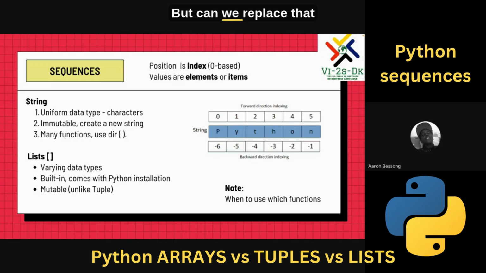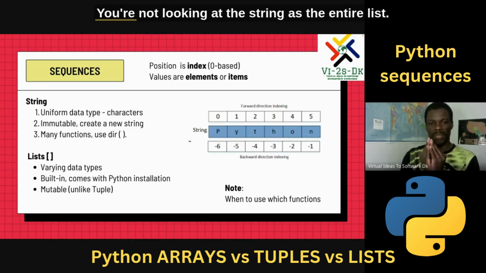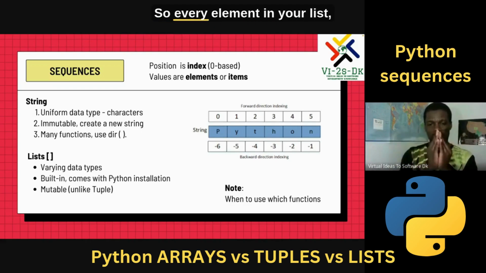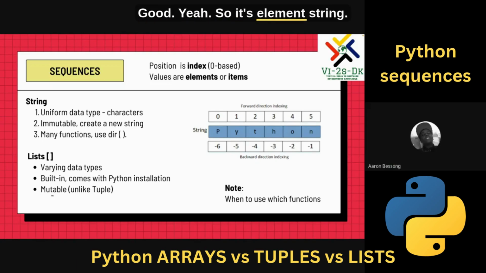But can we replace that entire Python with another string, like replacing it with maybe SQL or something? Definitely. So in that case, you're looking at a string as an element. You're not looking at the string as the entire list. So every element in your list, you can change it. That's why lists are mutable. Does that make sense? Good. Yeah. So it's element string. Okay, good. I got it.